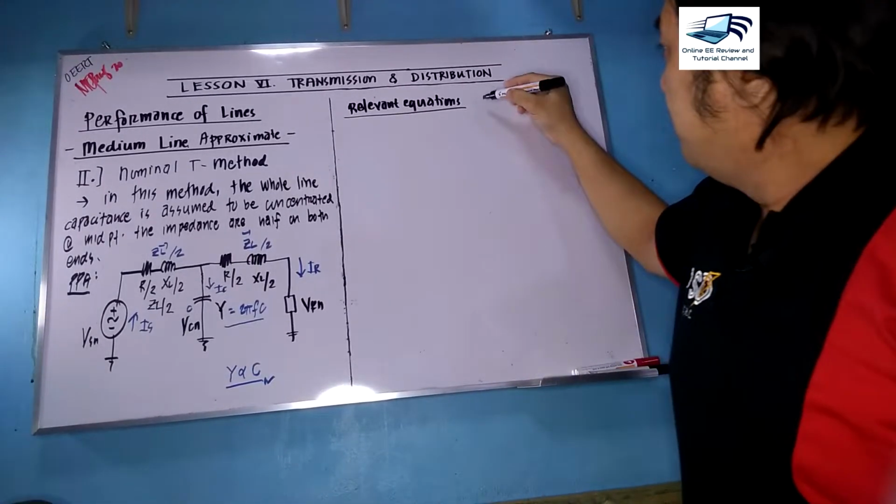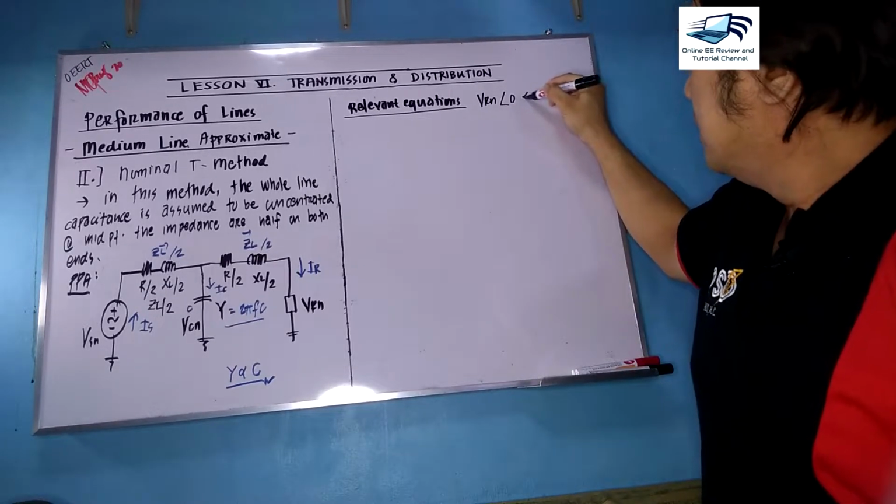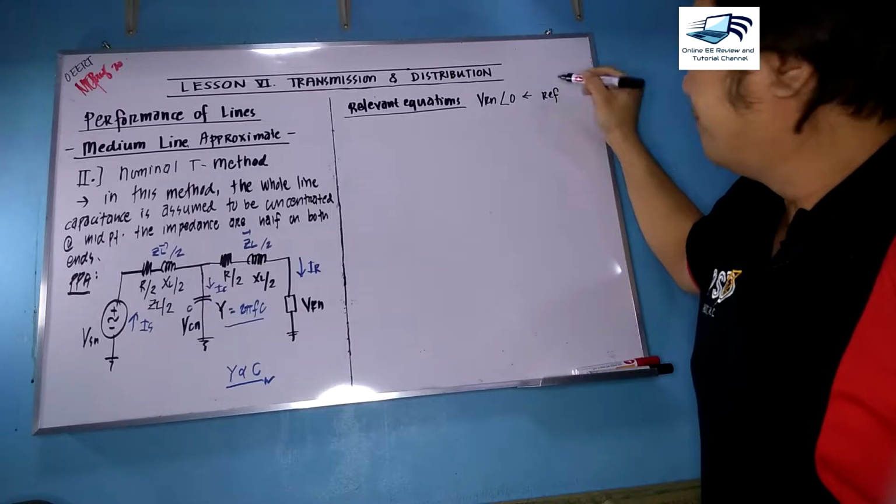Okay, we will have VRN angle 0 as our reference in this case.